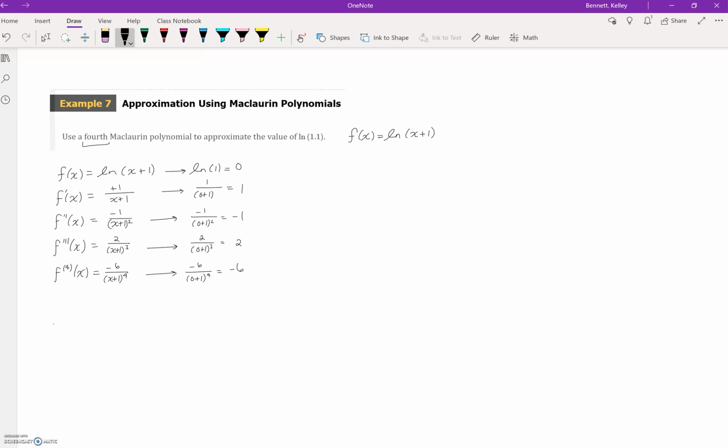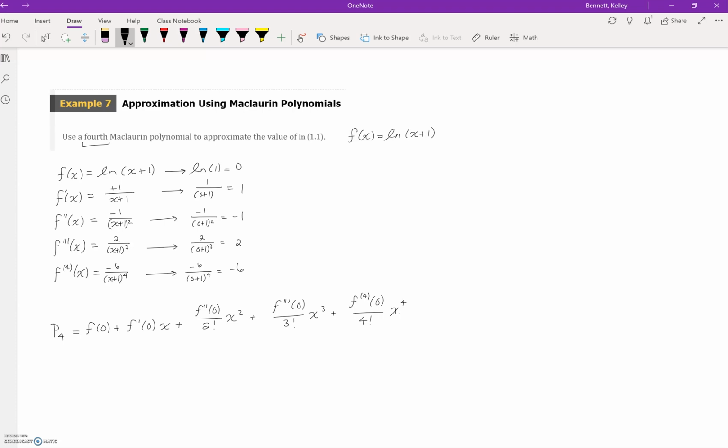So for P4, we have f of 0 plus f prime of 0 times x plus the second derivative at 0 over 2 factorial times x squared plus the third derivative at 0 over 3 factorial times x cubed, and then the last term will be the 4th derivative evaluated at 0 over 4 factorial times x to the 4th.